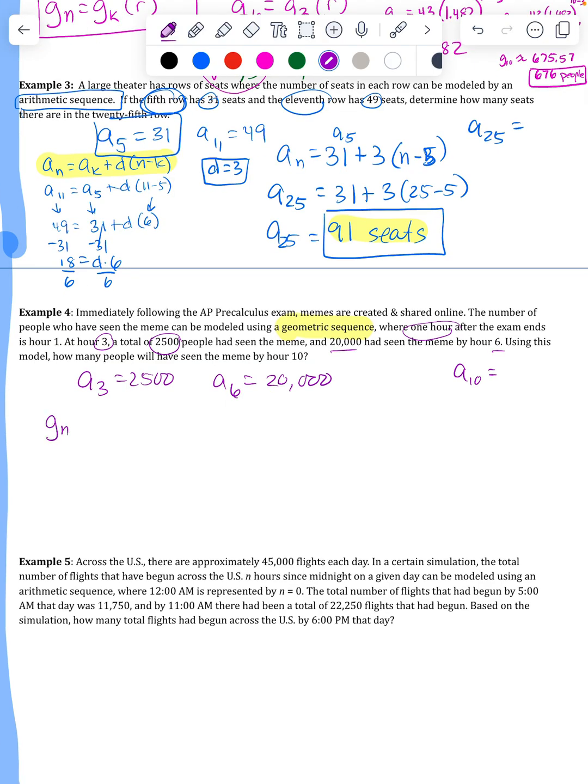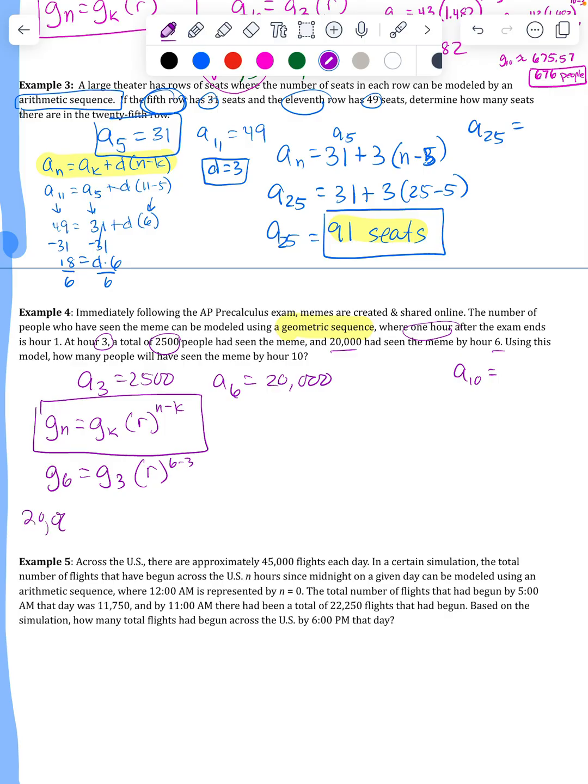So to get a formula, I have to have an ending and beginning term, an R value, and the difference between the N and my K. So in this particular problem, I'm going to go from term 3 to term 6, because those were the ones that were given. To do so, I will need to use my R 6 minus 3 times.